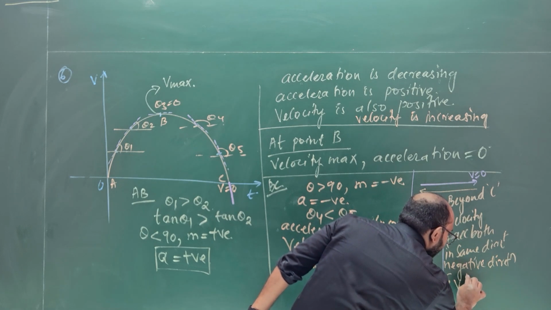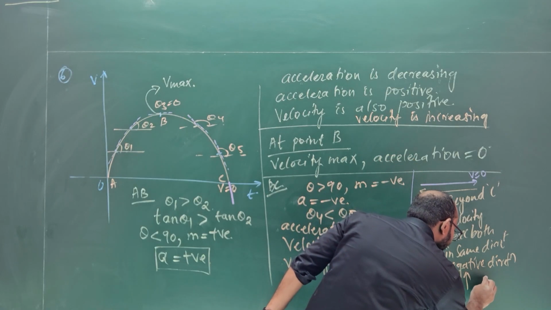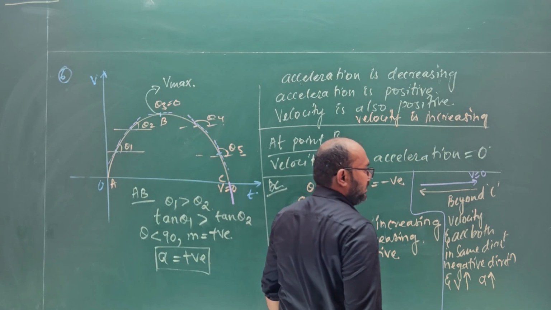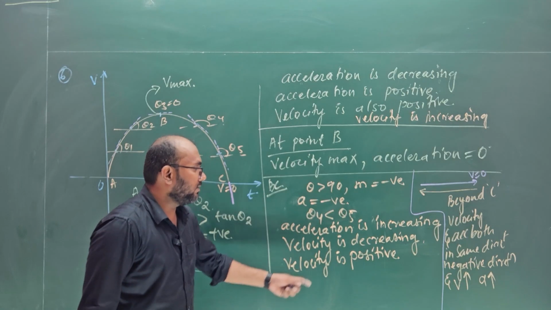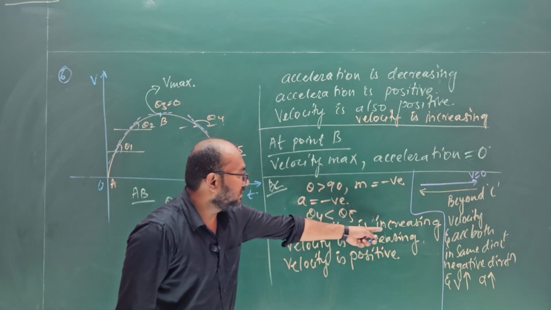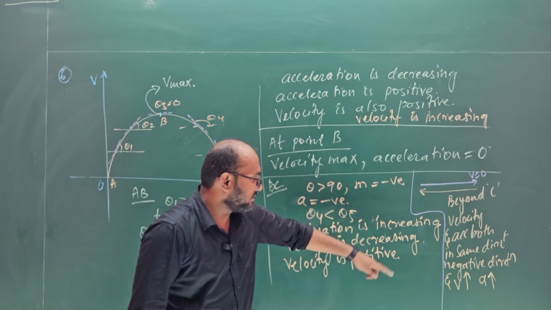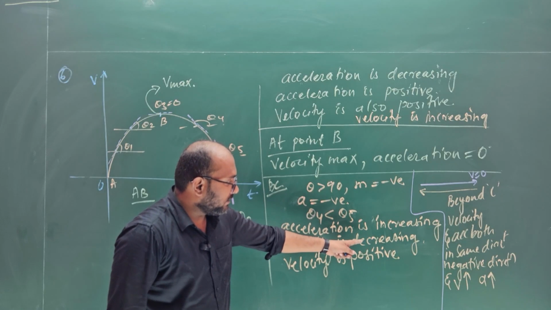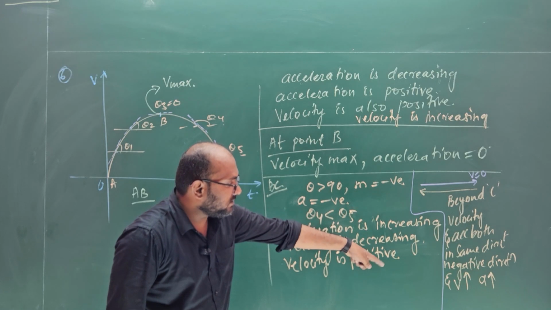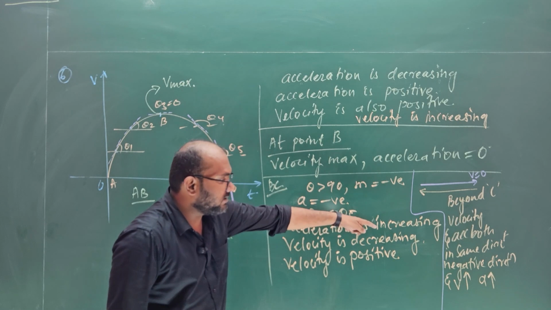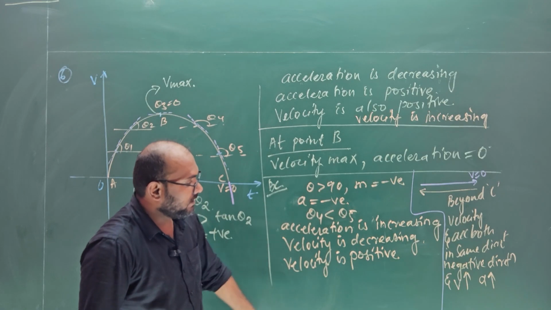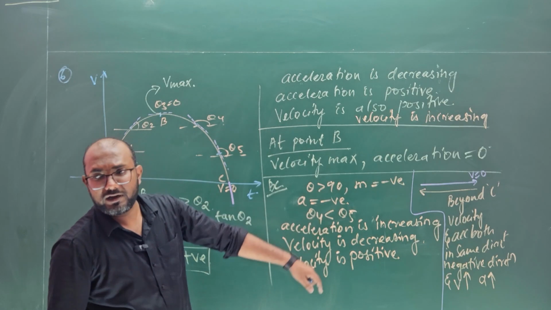And velocity is increasing. Definitely acceleration value is also increasing. Okay, why? Because after 0, acceleration is increasing, but velocity is decreasing. But then after it comes to rest, again velocity increases, acceleration is still increasing. Got my point? So that is beyond C. If you want to write, you can write.